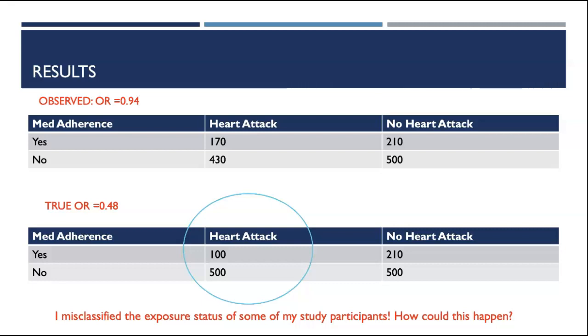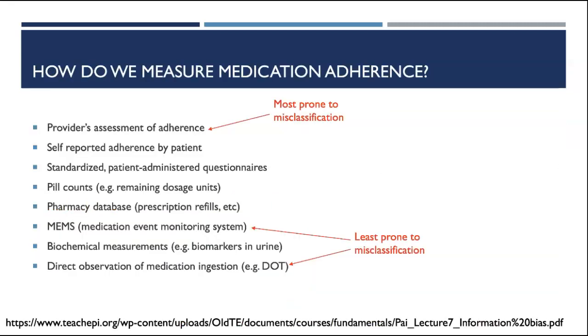Now, how could you misclassify some of the exposure status of the people in your study? Well, the way that we measure variables is subject to error. And so how we measure medication adherence, there's a lot of different ways that we measure medication adherence, and some ways are better than others.